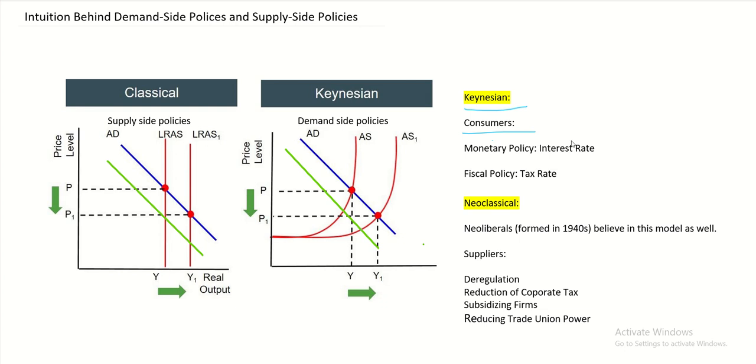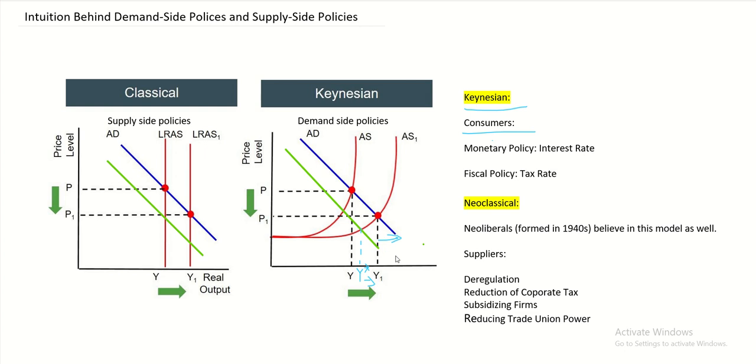What the Keynesian economists believe is that they can reduce the interest rate, and that will stimulate aggregate demand, shifting it from the green curve to the blue curve, which helps to increase the total GDP or output from Y star, the initial point, to Y1.